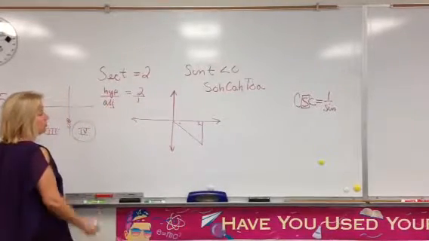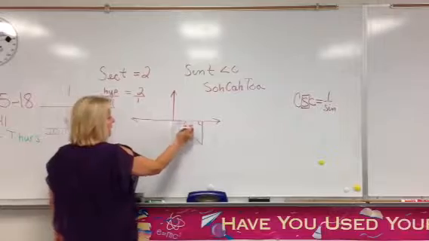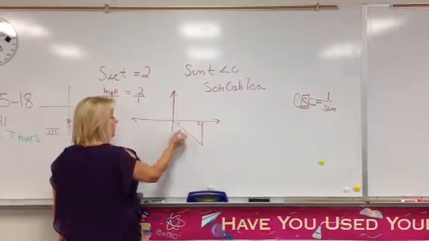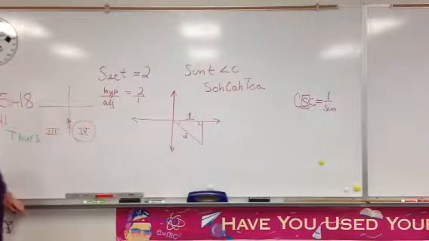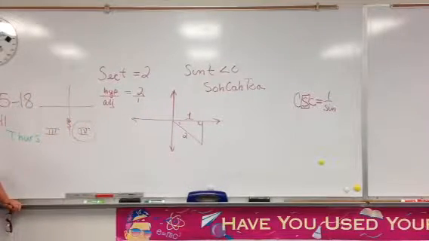And that's the way I have to draw my picture. The hypotenuse is 2, and the adjacent is 1. Any questions on that? Want me to repeat it?